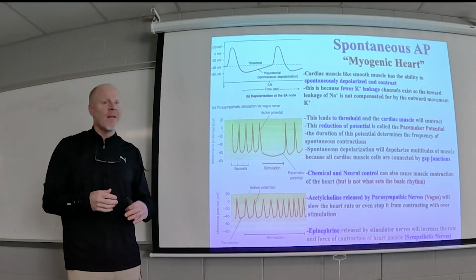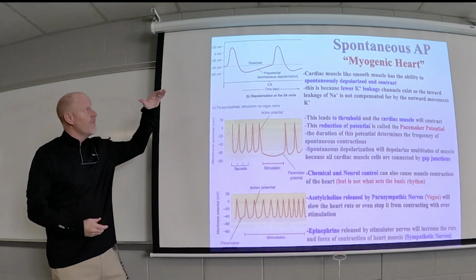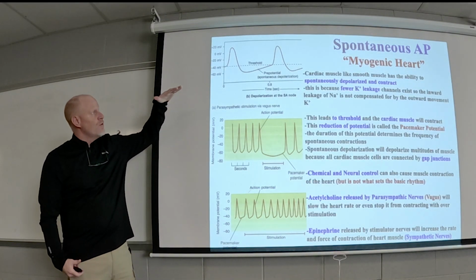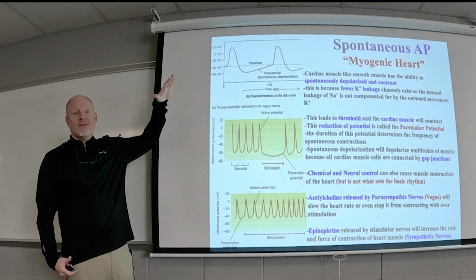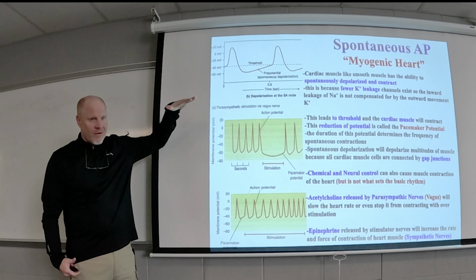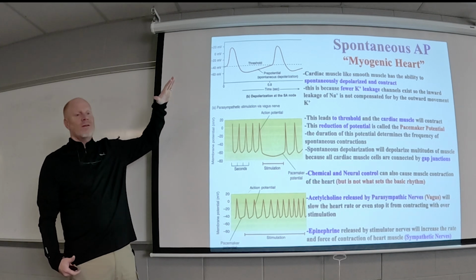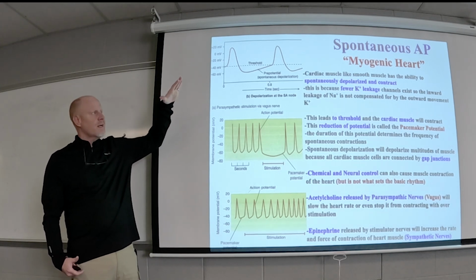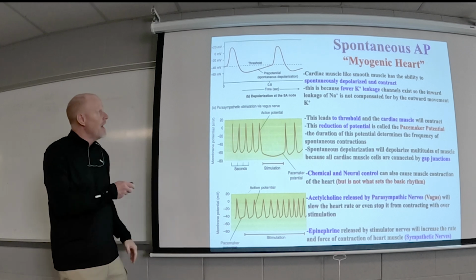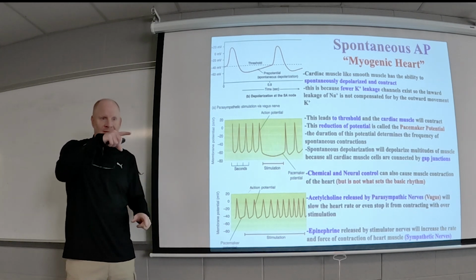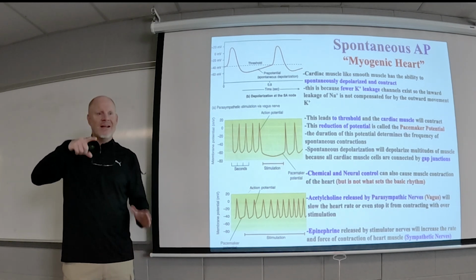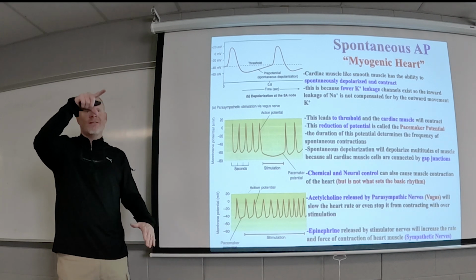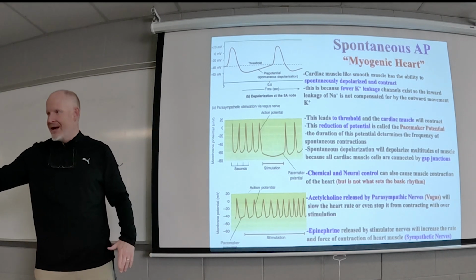Now, you can use the nervous system to make the slope go up or to make the slope go down, right? Steepen it, if you will, or flatten it out. You can imagine if I steepen it, you're going to speed up heart rate, right? If I flatten it, you're going to slow heart rate, right?